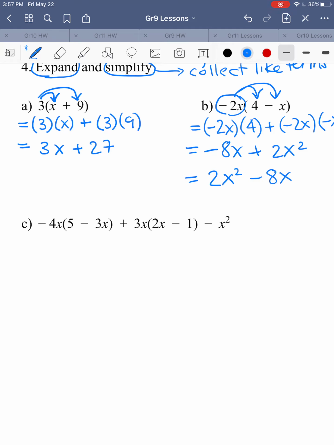So for part C, we have negative 4x times (5 minus 3x) plus 3x times (2x minus 1) and then minus x squared. So we have to do the distributive law twice here.